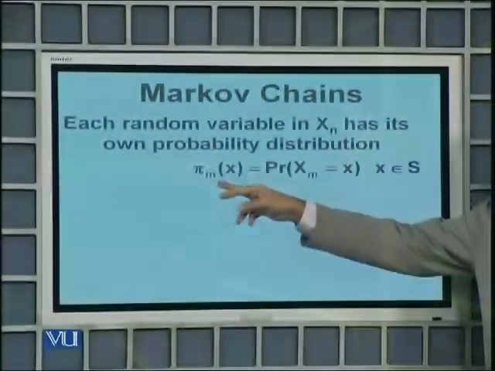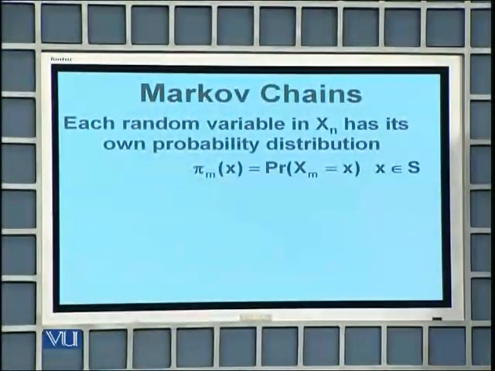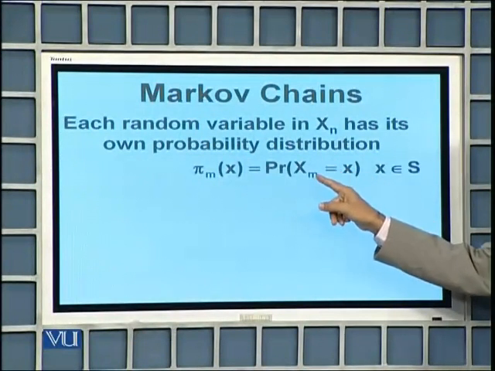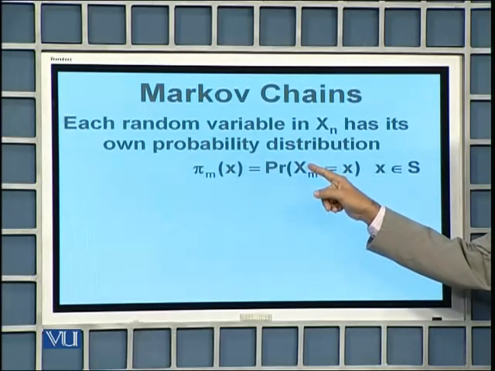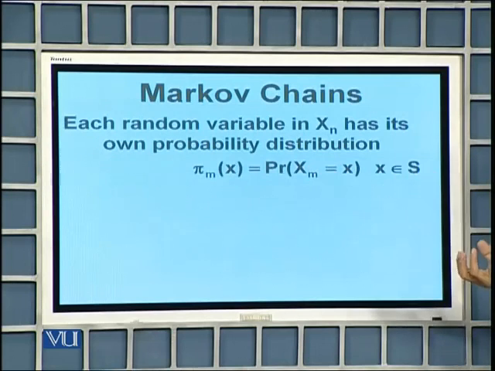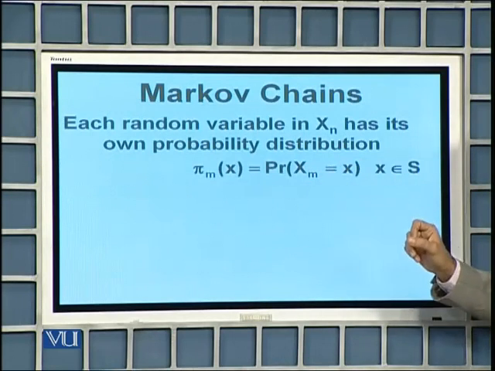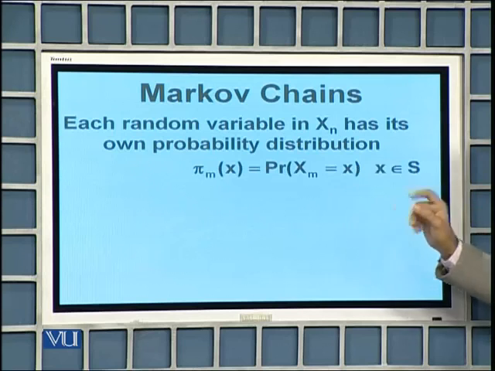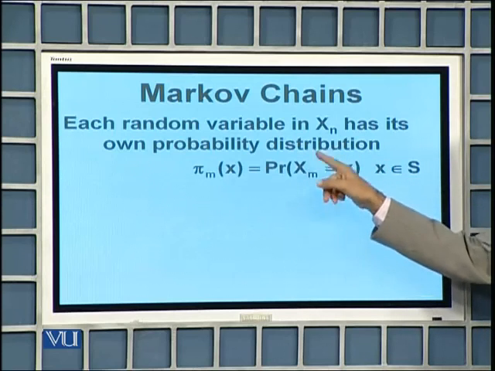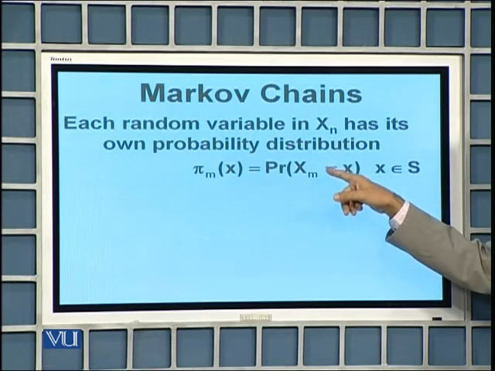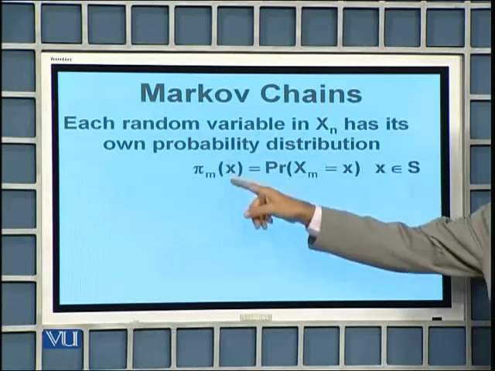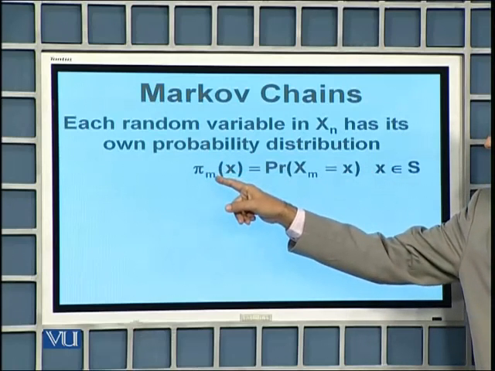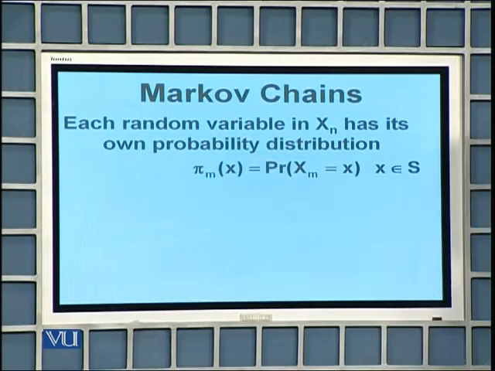So when I say pi m with x in the brackets, I'm talking about the probability of an event which involves only the mth random variable. And the event is that the mth random variable, the random variable which realizes its value at the mth sampling instance, will be equal to x. So the event is that capital Xm, the random variable with index m, takes a value of x. And the probability of this event is represented by pi index m and in brackets x.